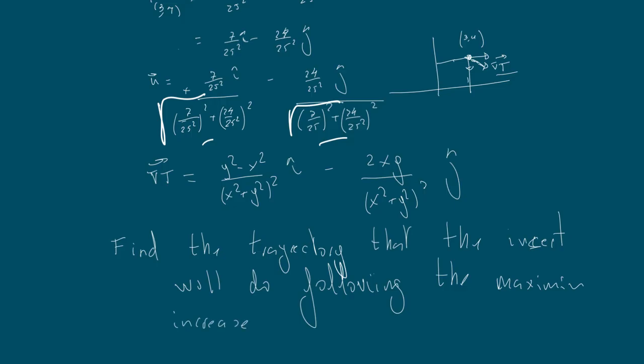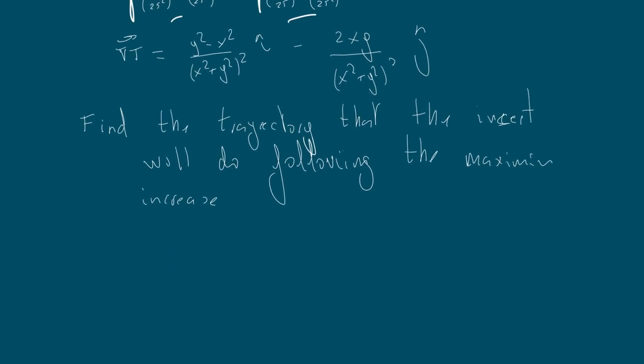So how will we do it? The first way to do it is a computational way to create the points that the insect will follow step by step. So the idea is like this. The gradient of T is a vector. Okay, let's go to my pen.